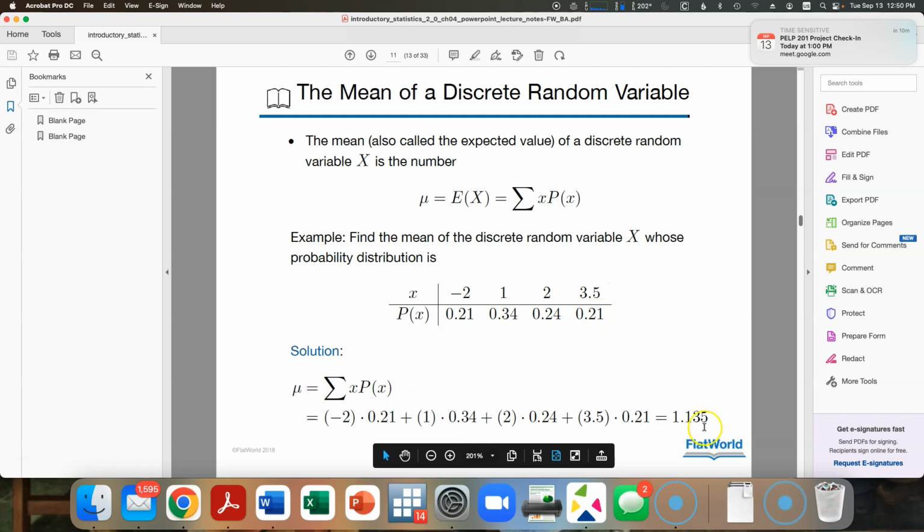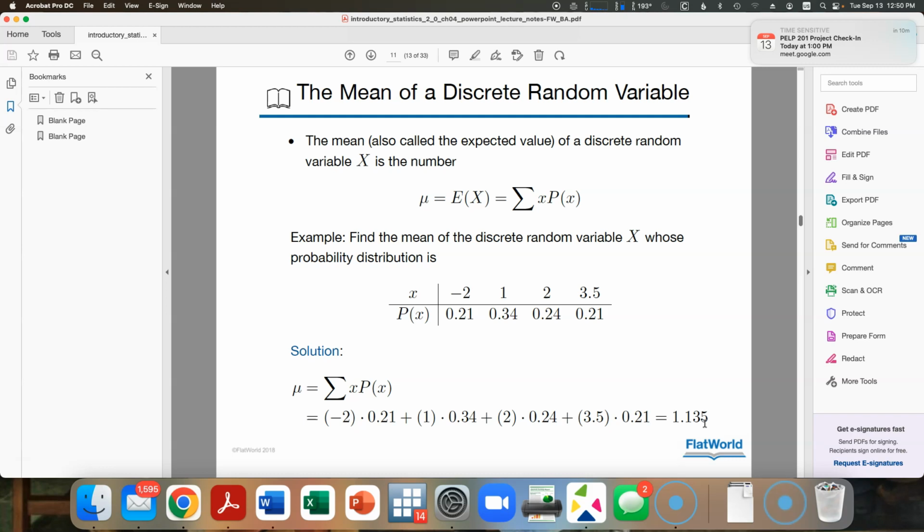Sum those all up, and there's our mean. So that gives us a pretty good understanding of the center of that.